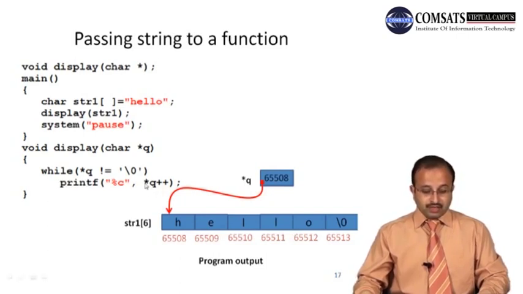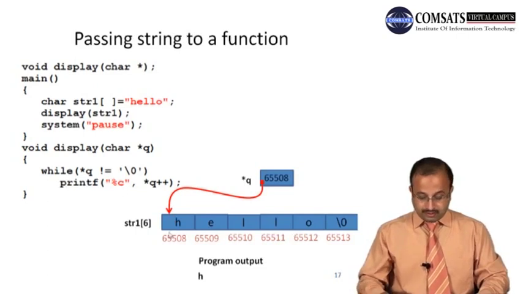The other operation is *q. So *q is the value at the pointer q, that is 65508. That is printed first. So h will be printed on the screen, and then the value of q will be incremented.